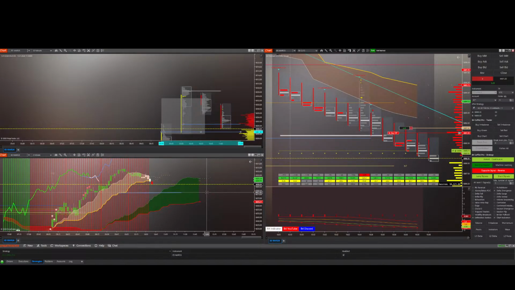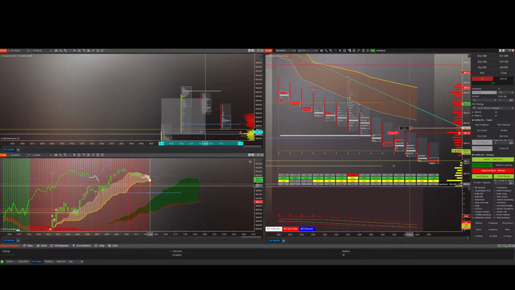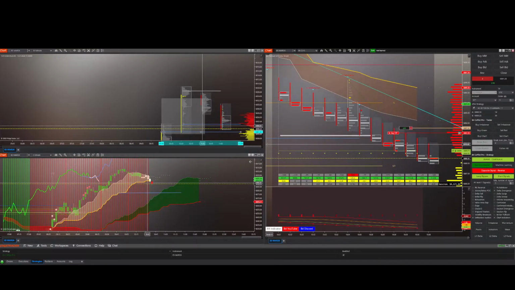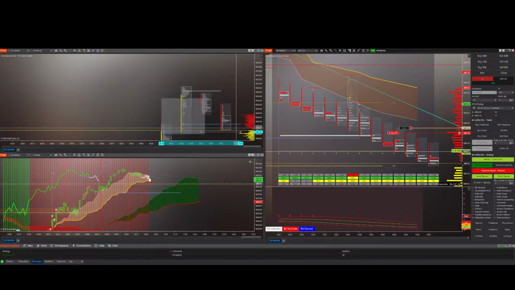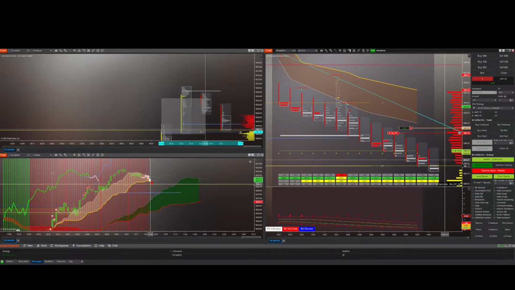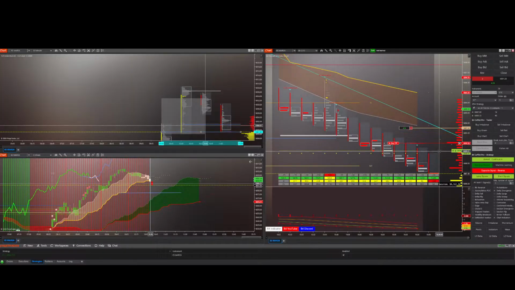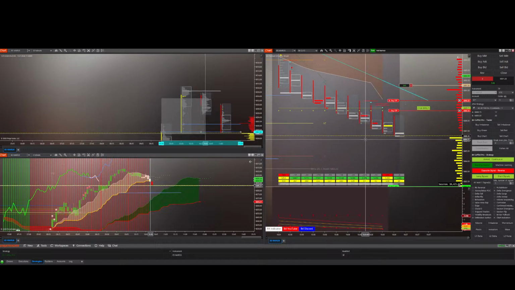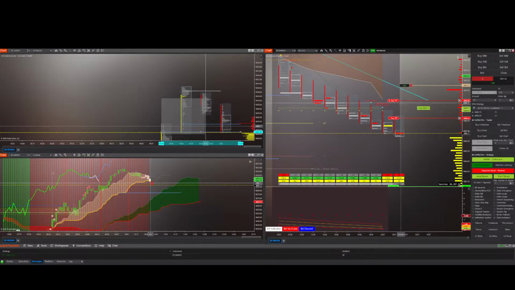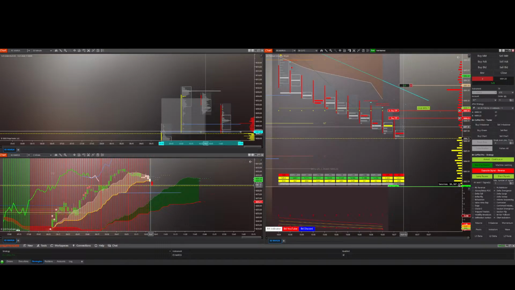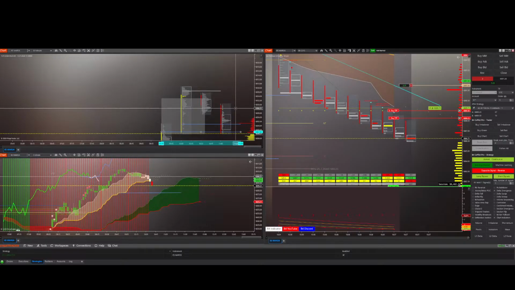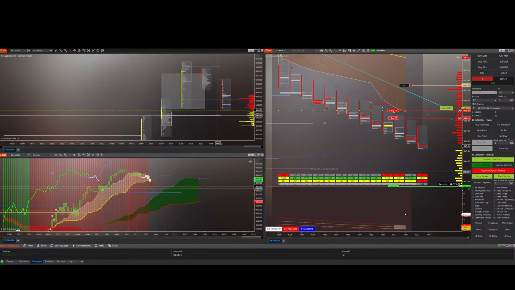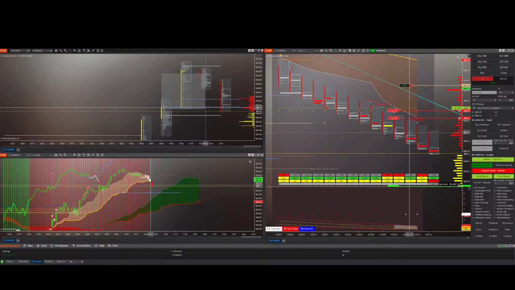I'm looking for a potential target down here to 68.76, 75. Got another target, 68.83.